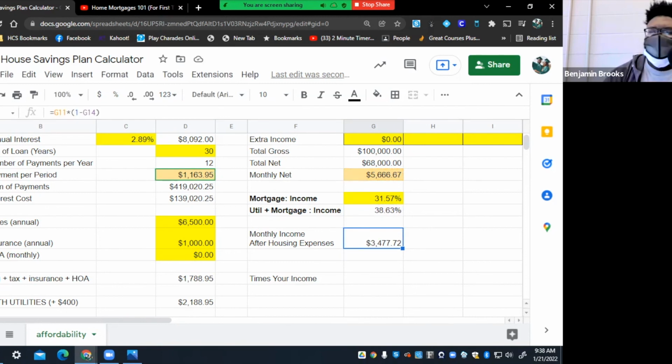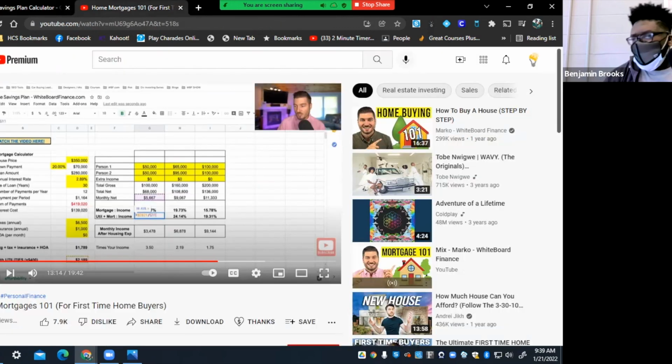So 1 minus just means the percentage of everything left over. So for example, if your housing was 40%, 1 minus 40% is 60%. Does that make sense? So 1 minus whatever, it just means everything else. So this is how much you'd have left over, and yep, I'm getting the same numbers here.